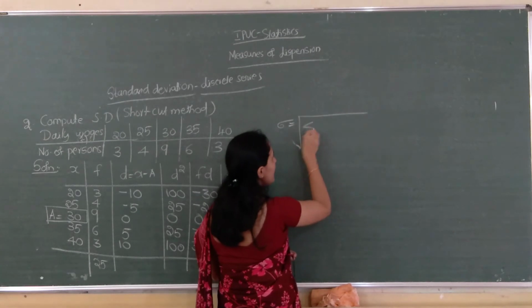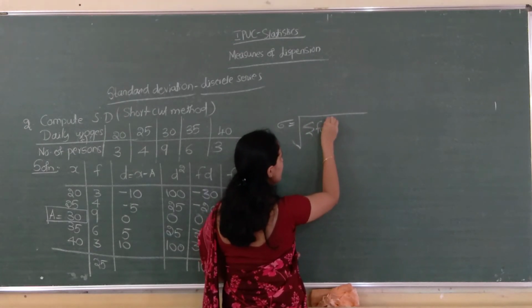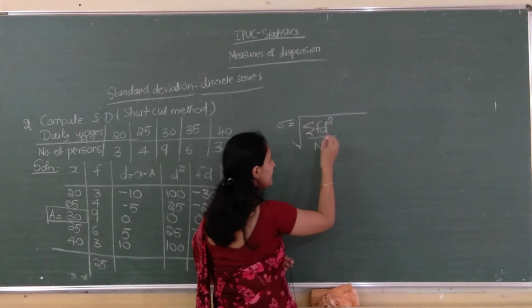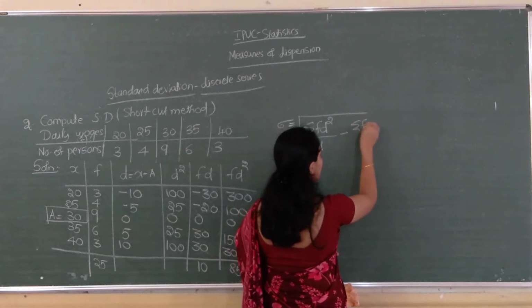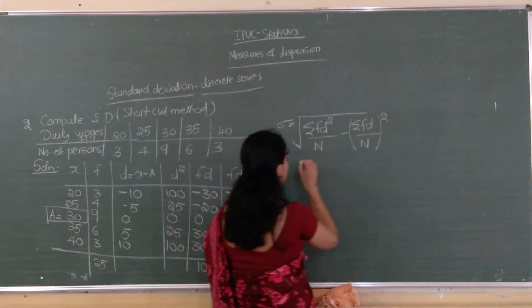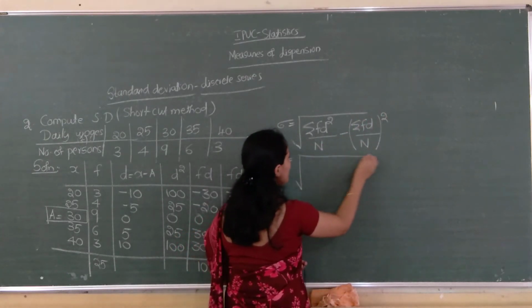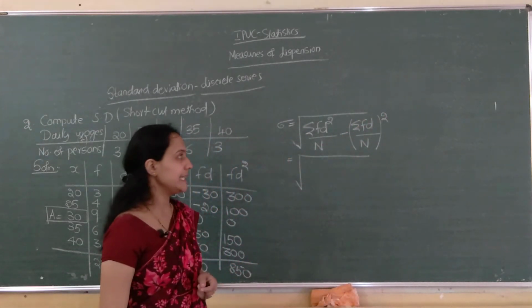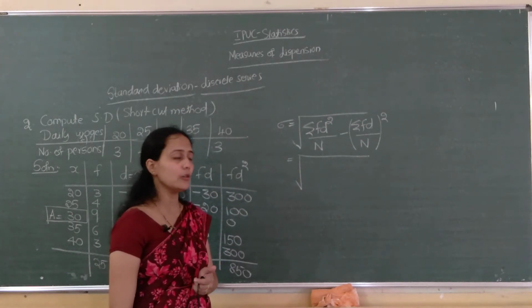Sigma equal to square root of sigma F into D square divided by N minus sigma FD by N the whole square, which is equal to square root of sigma FD square by N minus sigma FD by N the whole square.